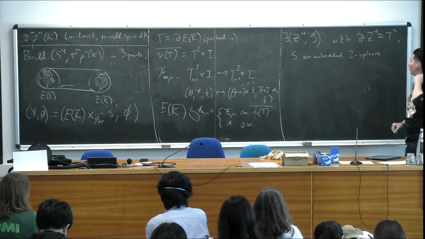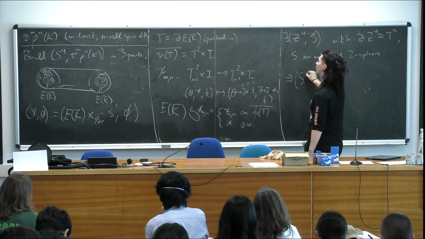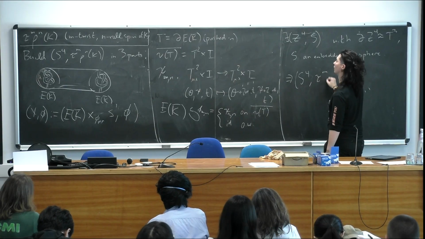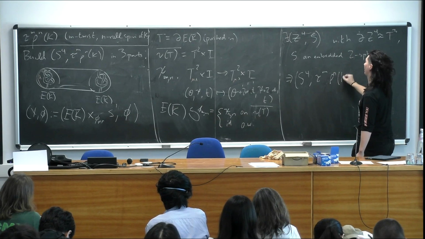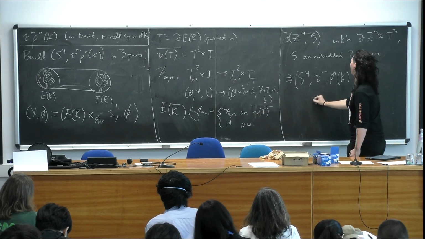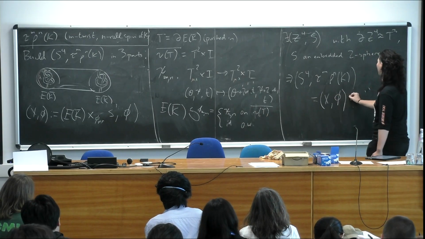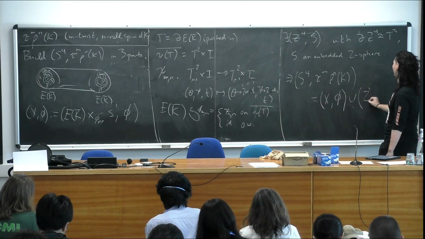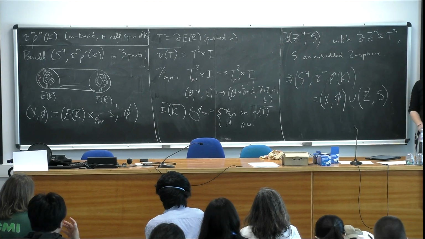And this spun knot tau m rho n k is just the union of x comma the empty set along their common boundary with z comma s.